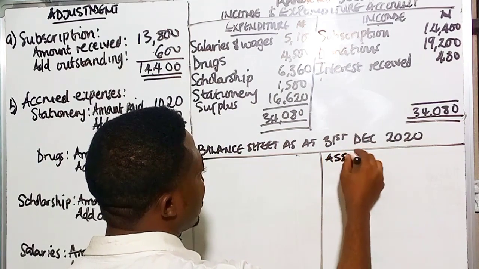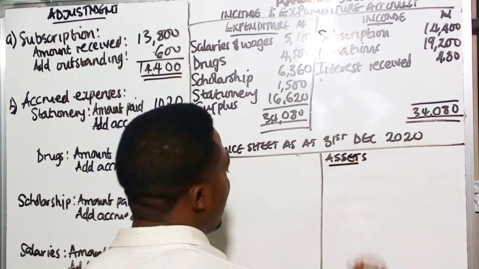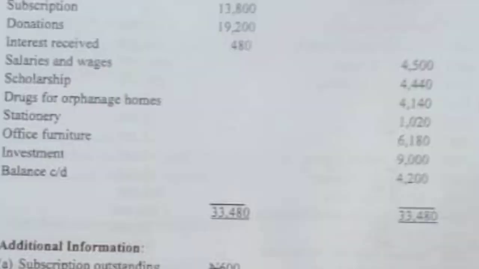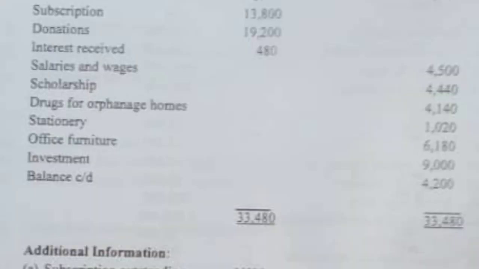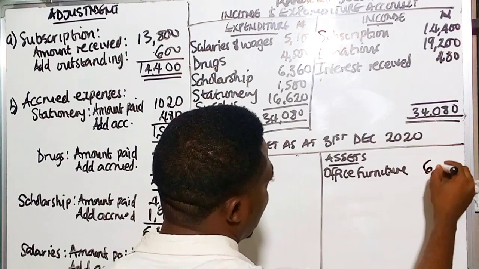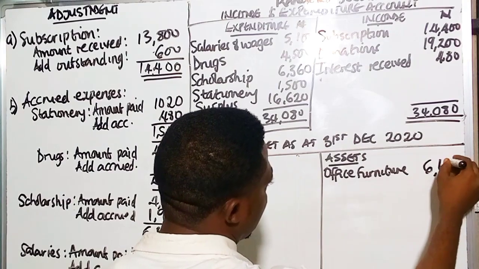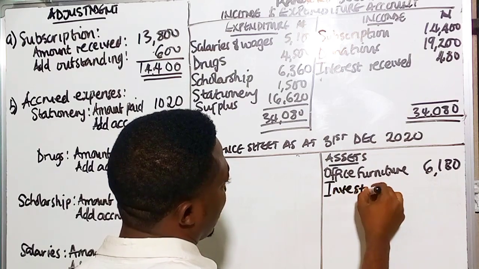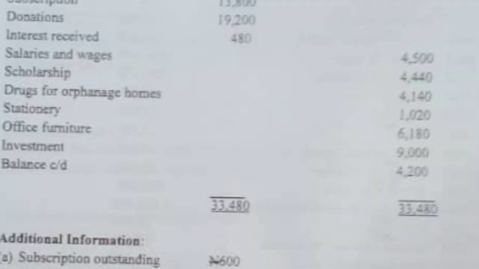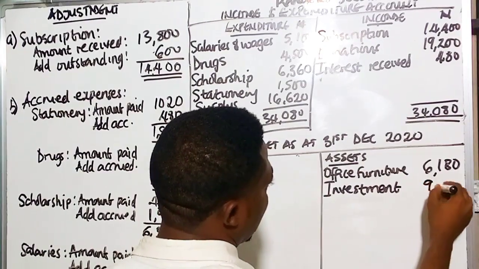Our assets are supposed to be here. From the question, we have our office furniture. From the receipt and payment, office furniture is 6,180. The next one, we have our investment, also an asset. It is 9,000.